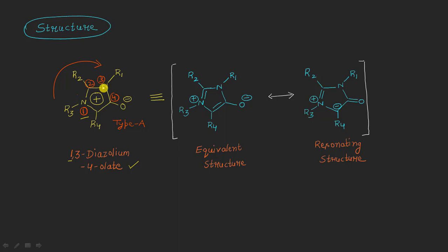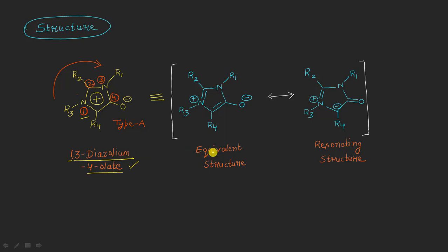At position 3, the other nitrogen. This means at 1 and 3 we have the two nitrogen atoms of the diazolium. And on position 4, we have a single bond oxygen negative, meaning the 4-olate. So this is the structure of this 1,3-diazolium 4-olate mesoionic molecule.